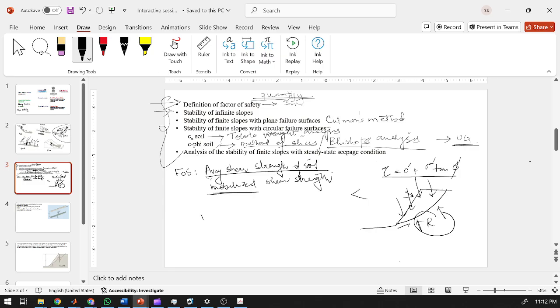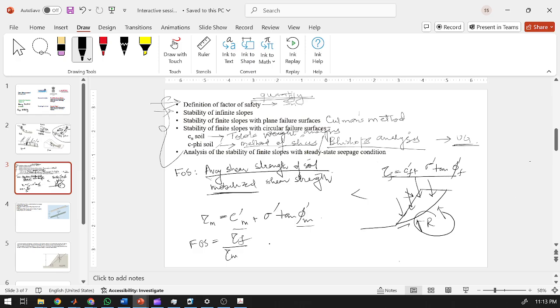So we have a mobilized shear strength, so your Cm and phi m will usually be lesser than your C at failure and phi at failure, and your factor of safety will be tau at failure over mobilized shear strength.